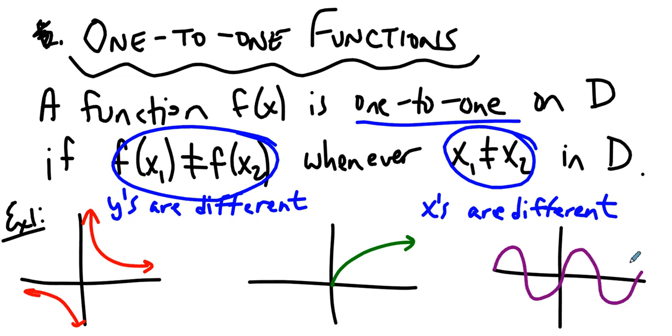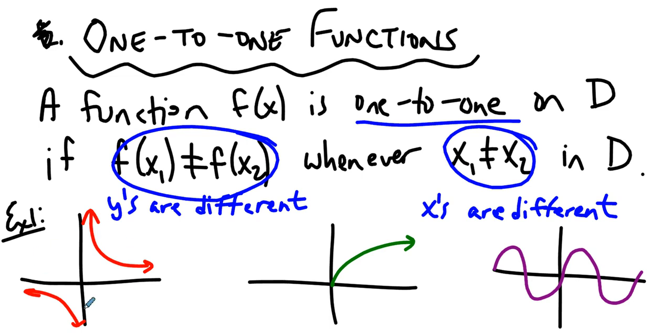And so the question is, which of these are one-to-one, if any at all? So pause the video, read the definitions, think to yourself which ones of these are one-to-one. If you pause the video, great. If not, well, I don't know what to tell you.